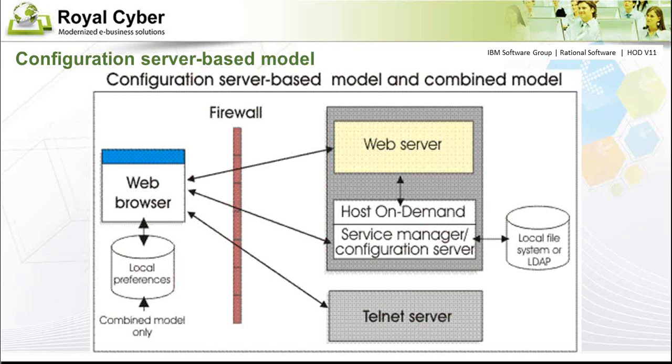Users access their configurations using either custom HTML files created in the deployment wizard or one of several HTML files that are provided as part of Host On-Demand. User IDs are defined in the configuration server, and in most cases, the user needs to log on to the Host On-Demand server before viewing their sessions.